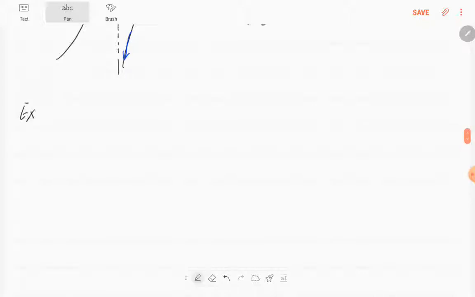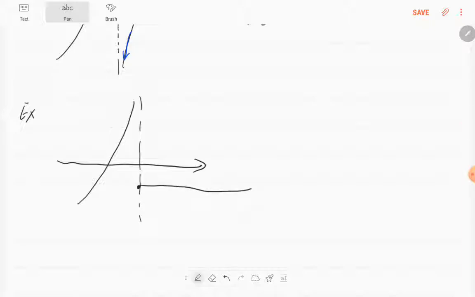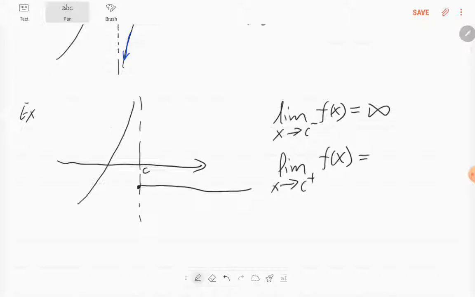Another example, this is also a vertical asymptote. The reason is the limit as x approaches c minus of f of x is equal to infinity, although the limit as x approaches c plus of f of x is not equal to positive infinity or negative infinity.